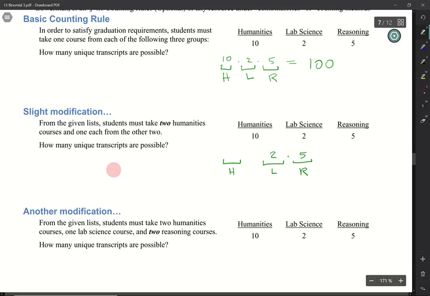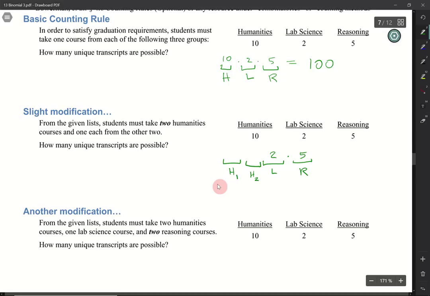What has changed is the humanities. There's a first humanities course and then a second humanities course, because now you must take 2. So it's changed by introducing this new requirement.